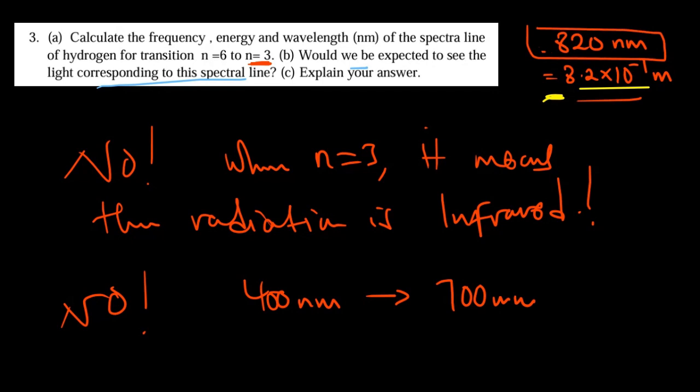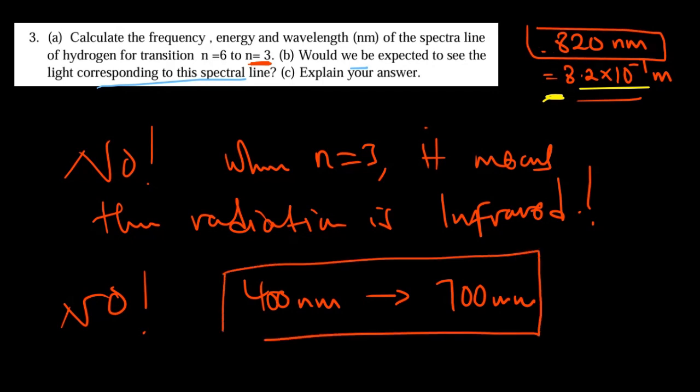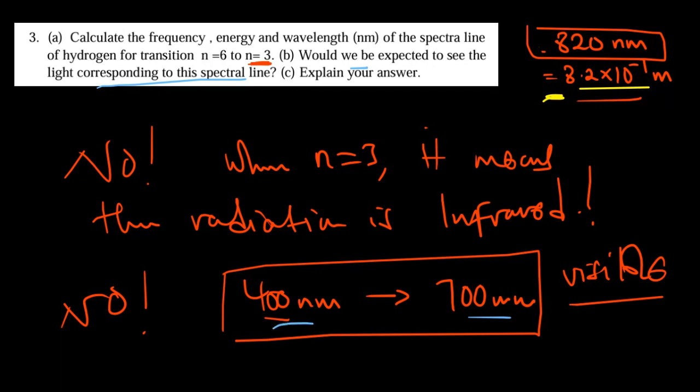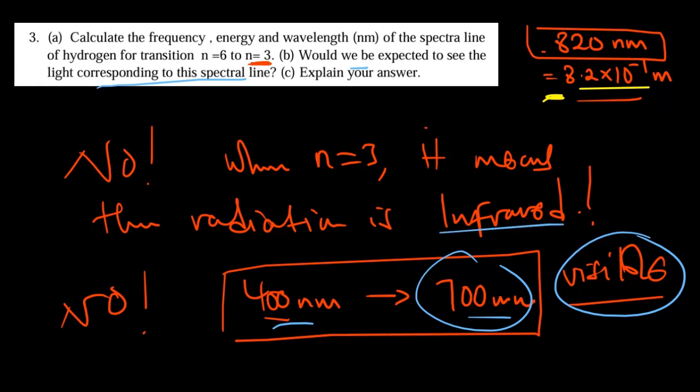So 820 is above this range for what? Visible light. So you can only expect it to see light if it's between 400 nanometers and what? 700 nanometers. So if it's above that one, then we can't see it. It won't be visible light. No wonder here we're saying no, because the wavelength is above the range of visible light. So it's in the infrared region, so we can't see it. So that's what we explain there.